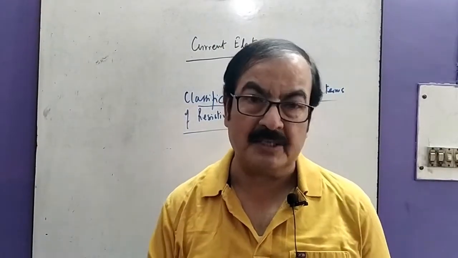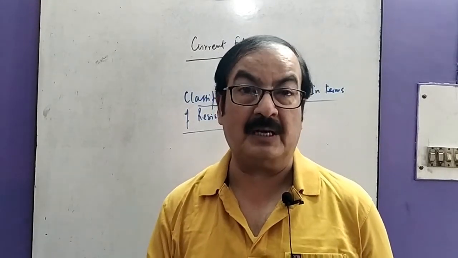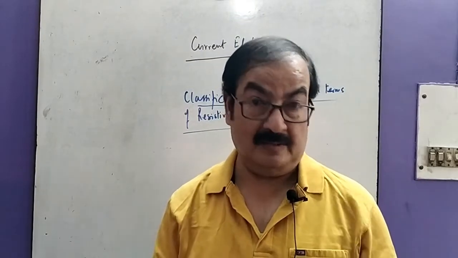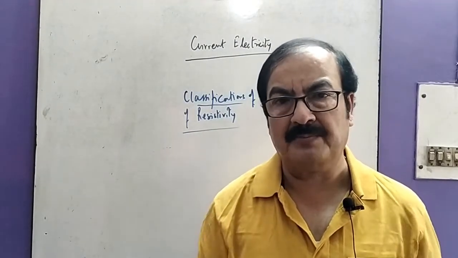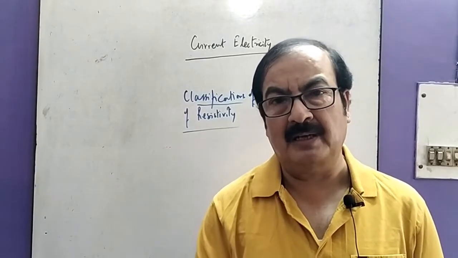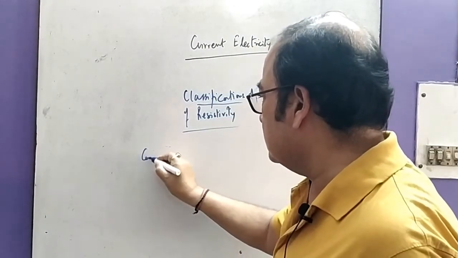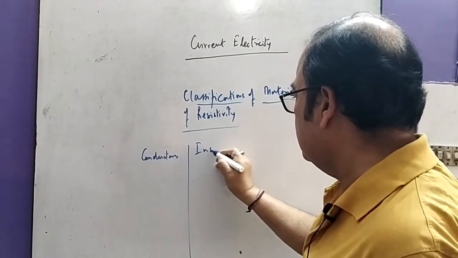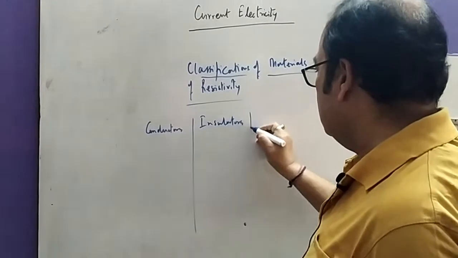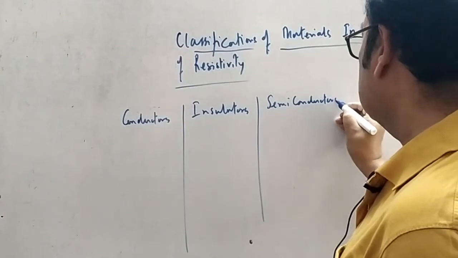Some can conduct electricity very smoothly, some cannot conduct electricity very smoothly, and some can never conduct electricity. All three types of things are there. Basically, any material is classified in three categories, and they are conductors, insulators, and semiconductors.